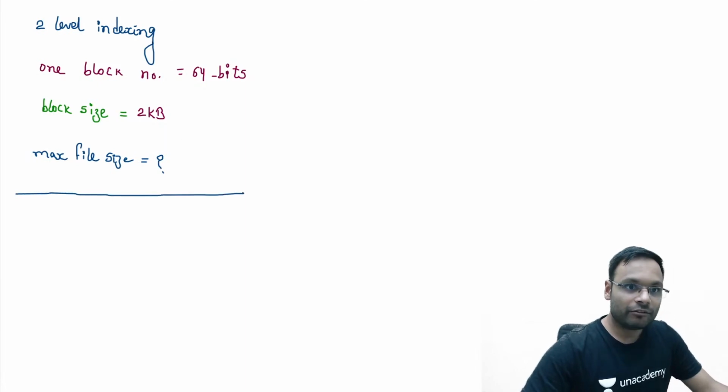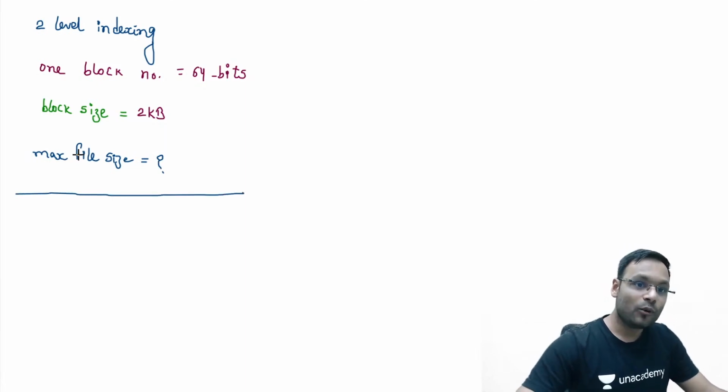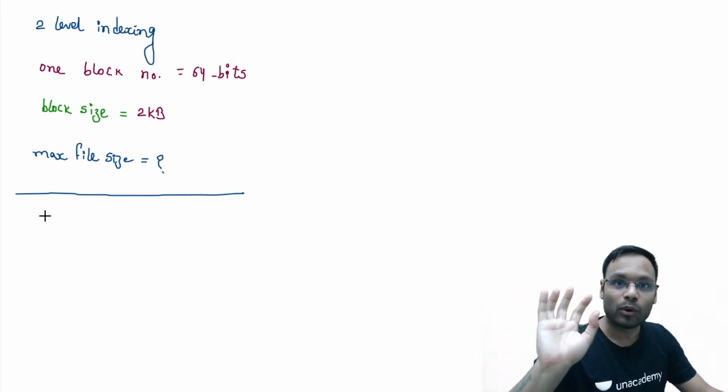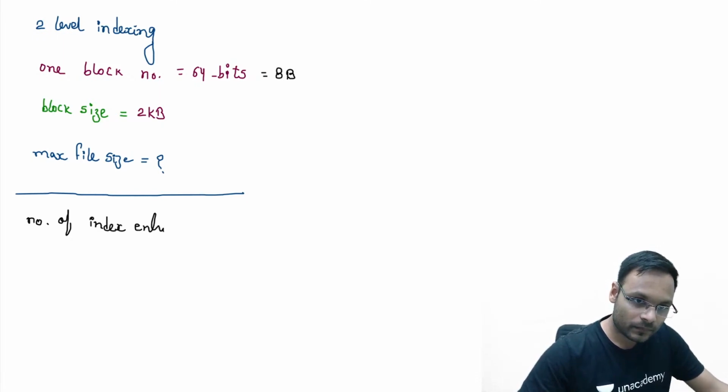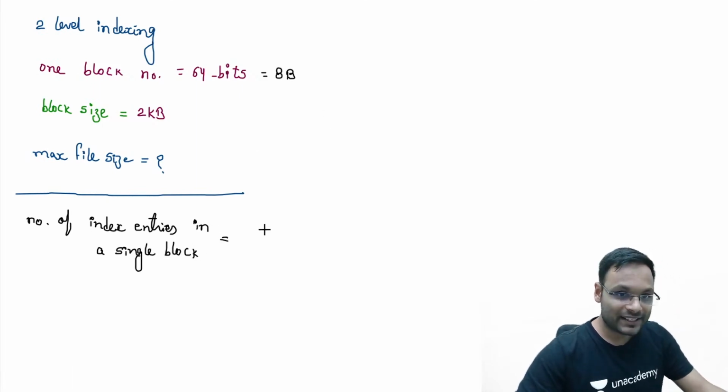So first of all, we will have to know how many entries we can keep in a single block. One block number is 64 bit, means how many bytes? 8 bytes. Okay, so how many number of index entries can you keep in a single block?